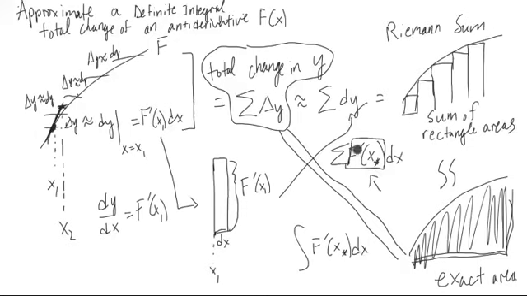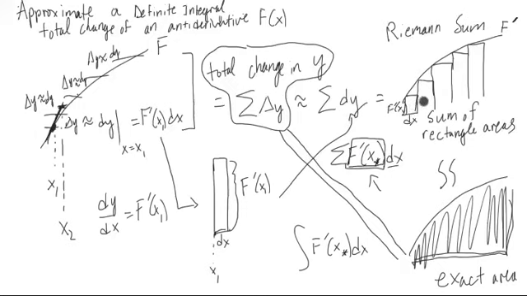Let's suppose this curve right here is actually f prime. Then this is like a height times a width. So dx times a height, and we get a sum of rectangles.